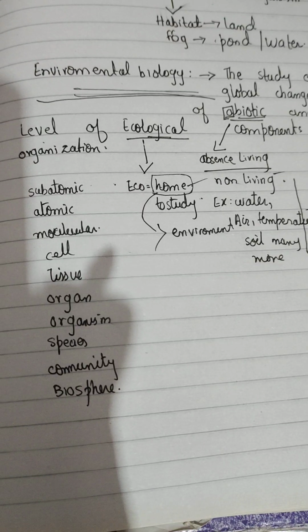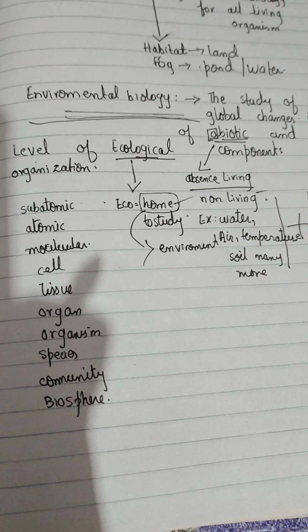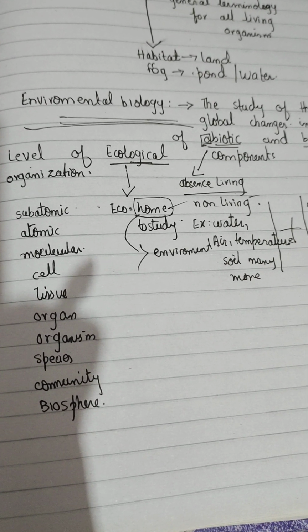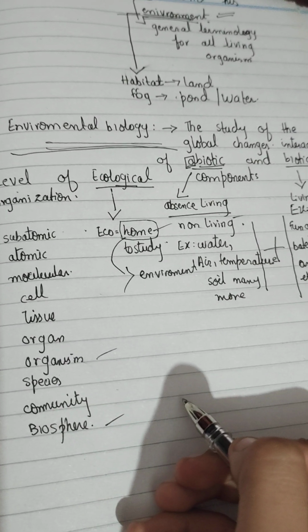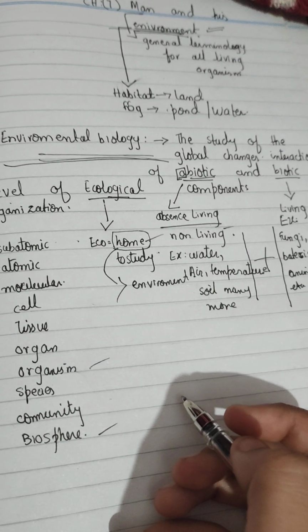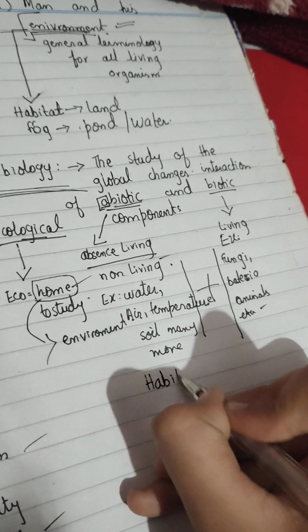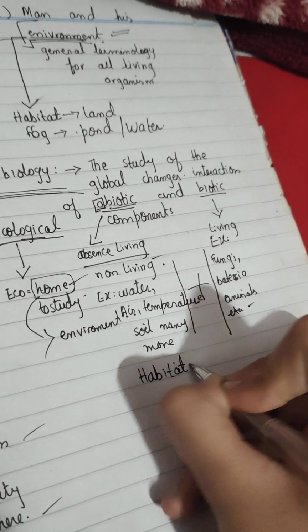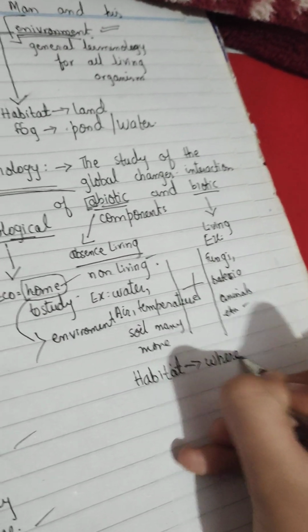In ecology, the levels of organization range from organism to biosphere. Where the organism lives in the environment, as I told you before, is called habitat.